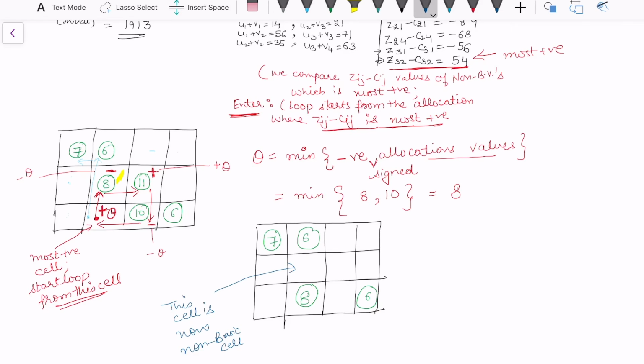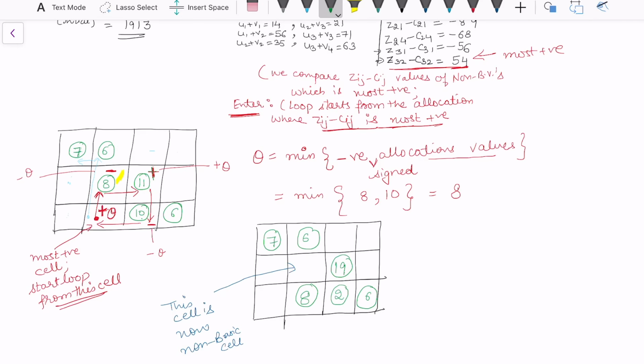If this is a non-basic cell and we continue calculating the other allocations, now 11 plus 8, so this becomes 19, because we have to add here. From the 10, I have to subtract, so this becomes 10 minus 8, this becomes 2.